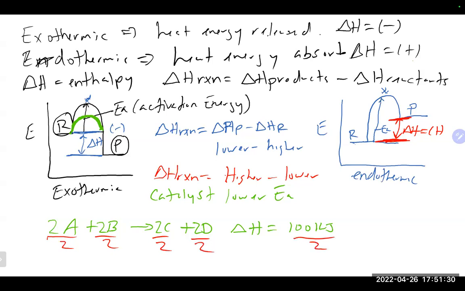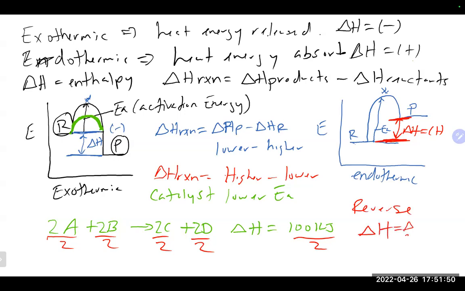So it's a little bit different in terms of manipulating the equations than what we see with equilibrium constants. Here, basically, you do the same thing to the value of delta H that you do to the equation. The other common thing is if you need to reverse a reaction, the delta H value changes sign.